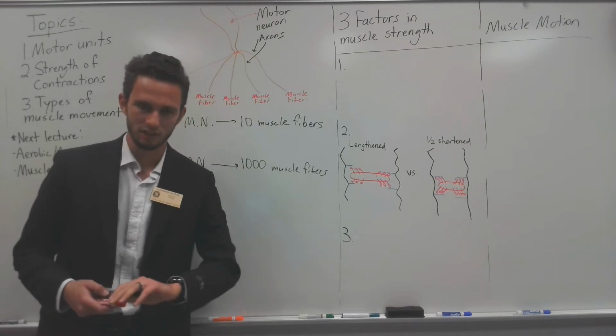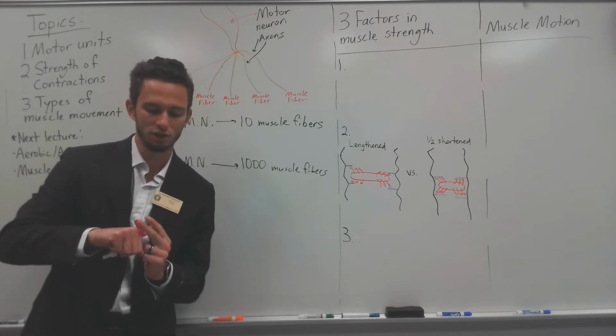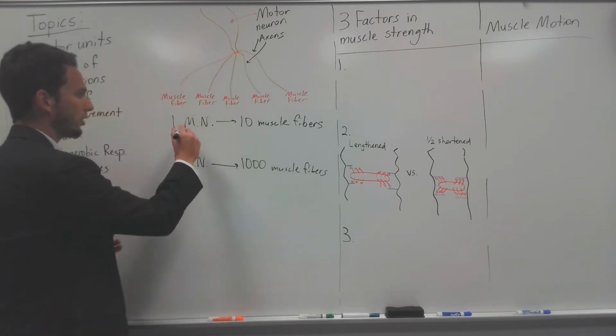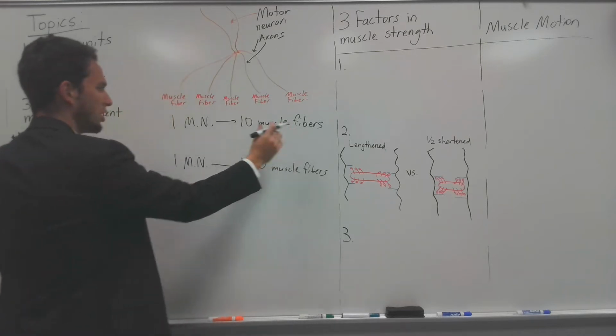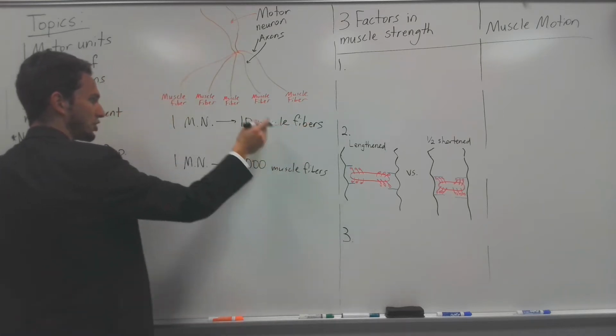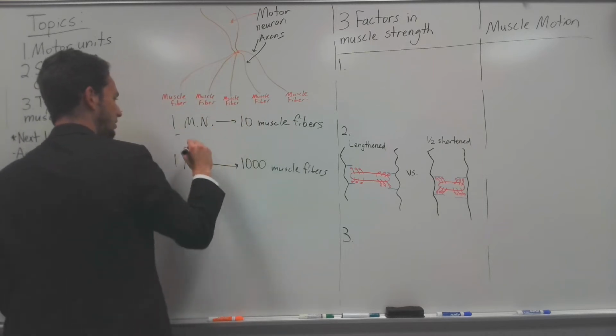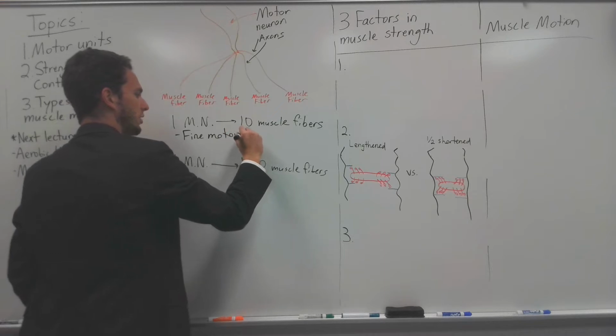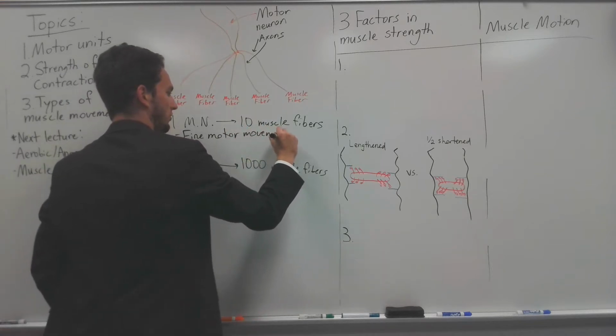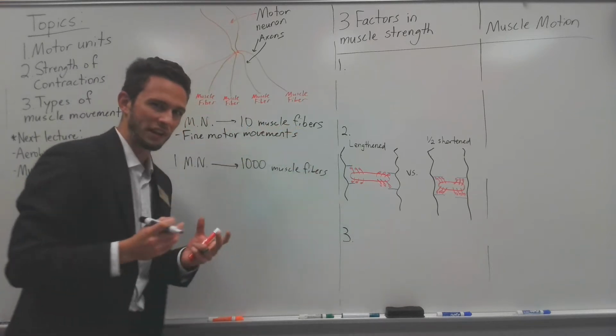If you think about it, you will have more fine control over the motor neurons that only innervate a small number of muscle fibers. So the fewer the number of muscle fibers per neuron, this is going to be fine motor movements. These are things like your fingers, your hands, your facial expressions.